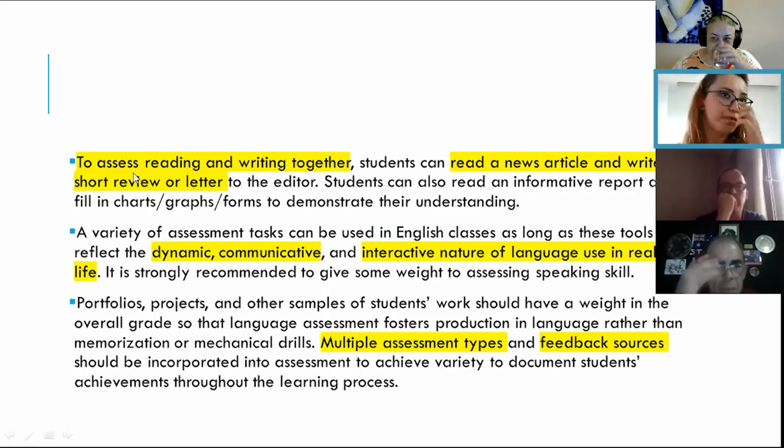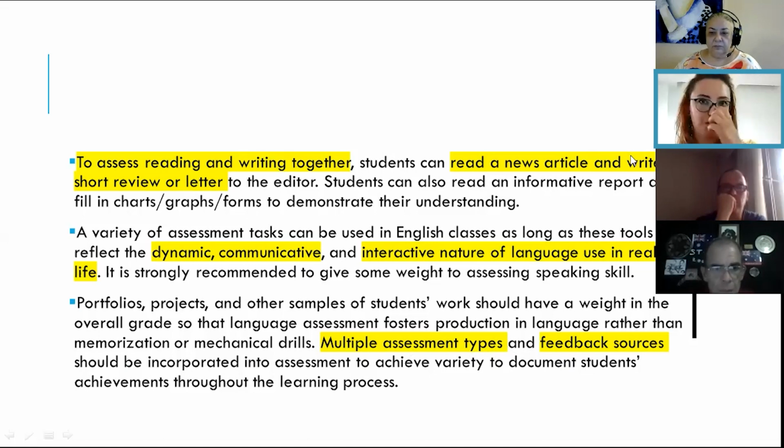It also recommends the assessment of reading and writing together as a skills combination, and the dynamic, communicative, interactive nature of language use as in real life to be assessed, and multiple assessment types and multiple feedback sources should be used, as suggested in the curriculum.